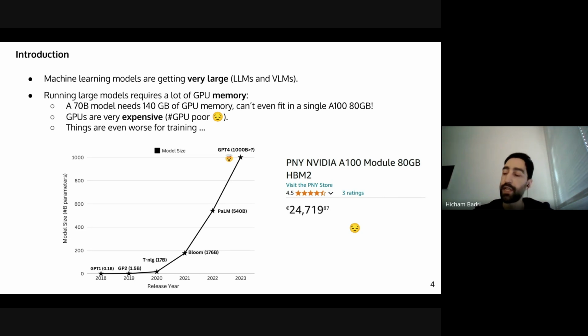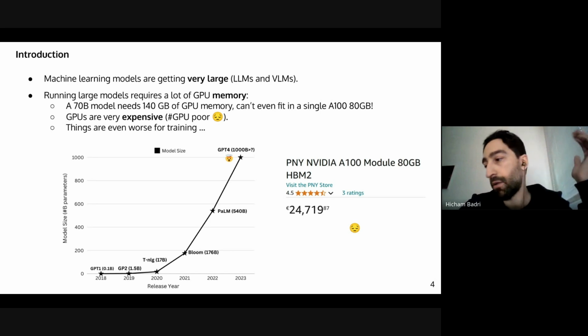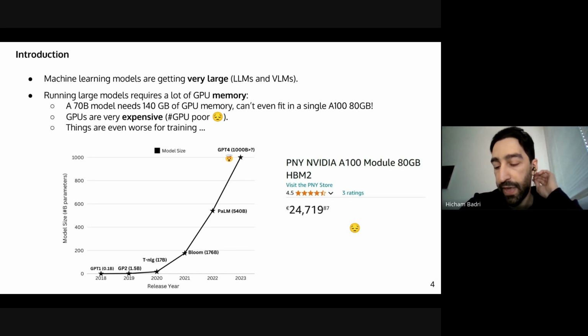So this actually led to a lot of innovation, and mainly it pushed people to think about how to compress the models to make them work with consumer GPUs. So that's how quantization in the context of LLMs became a very hot topic.